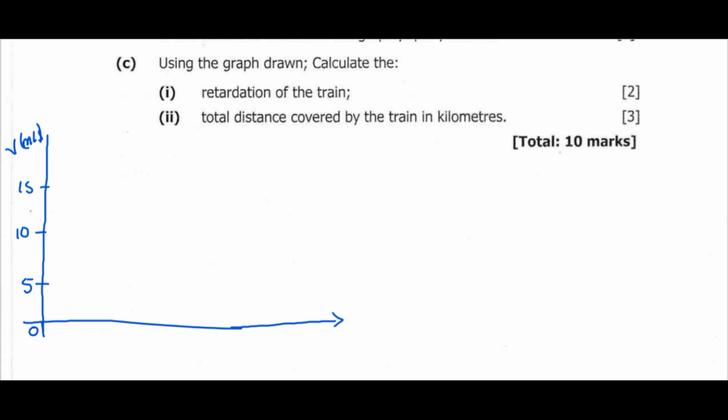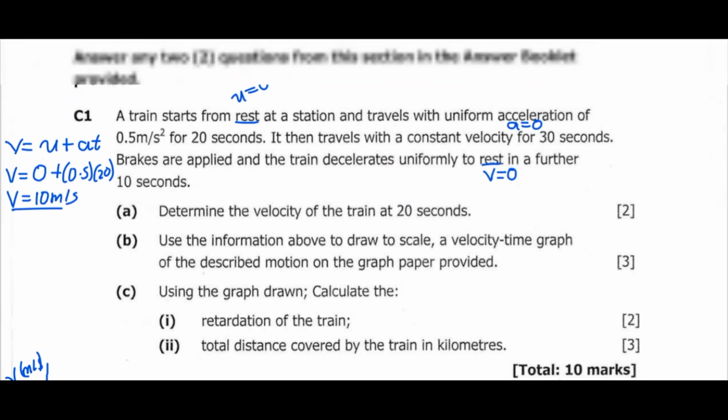Then let's look at time. The first one we have is 20 seconds. It then travels with a constant velocity for 30 seconds, so 20 plus 30 is 50. Then the train decelerates uniformly to rest in a further 10, so 50 plus 10 is 60.